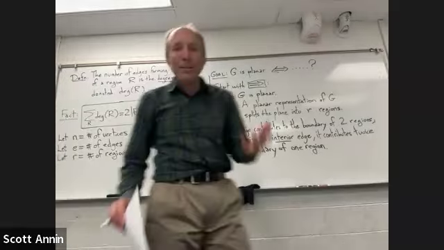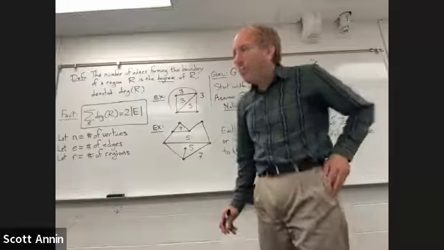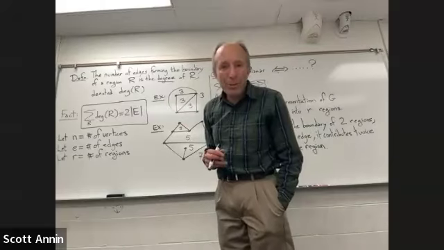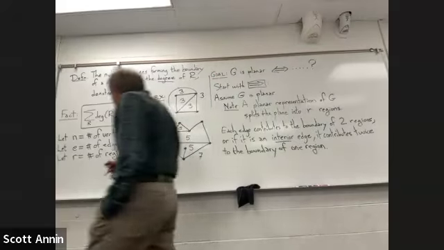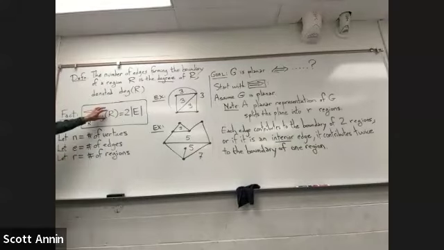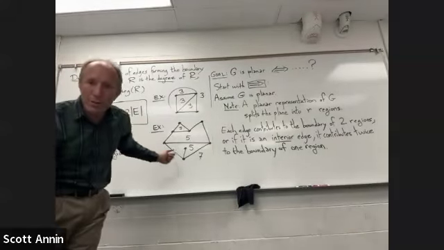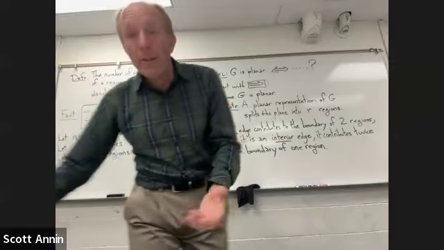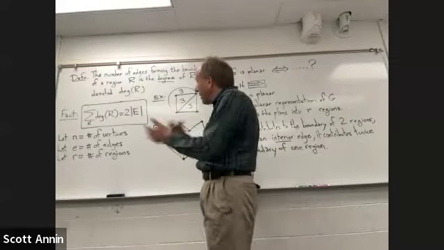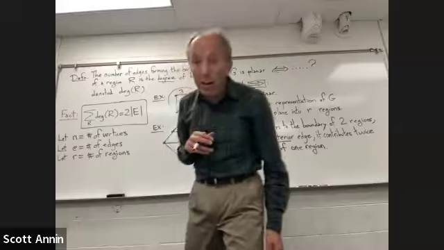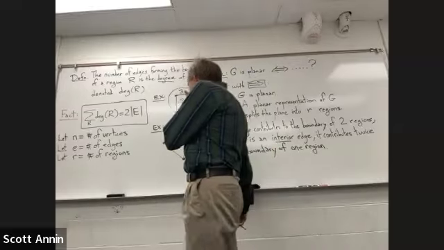And I'm just wondering what the relationship is, if there is any relationship between these. It seems like there might be, because the degrees of the regions are related to the number of edges, and the vertices also have connections with numbers of edges as well. So it's kind of an interesting thing.